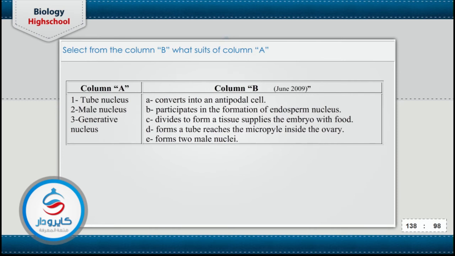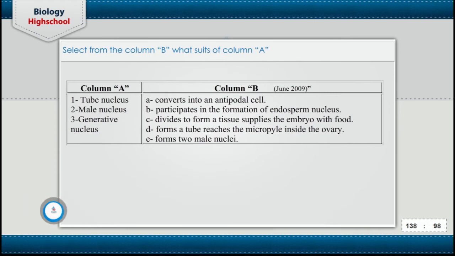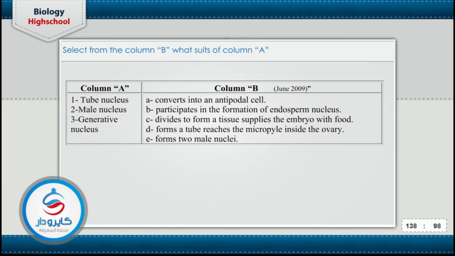Then "participate in the formation of the endosperm nucleus". The endospermic nucleus is the two nuclei that migrate from each of the four groups in the embryo sac, the two embryo sac nuclei. When we talked about how the embryo sac is formed, we said there is one spore mother cell, which undergoes meiosis to give 1 embryo sac and 3 polar bodies. The embryo sac undergoes 3 successive mitotic divisions to give 8 cells, 4 and 4 from each pole of the embryo sac. One of them migrates to the center of the embryo sac to form the two embryo sac nuclei.